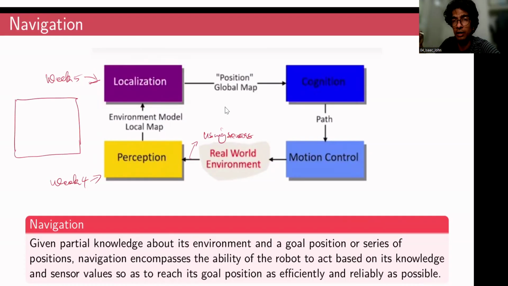The robot can download a map from the user, or it could simultaneously create a map as it moves around its environment.